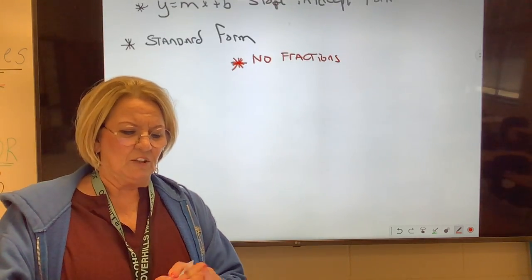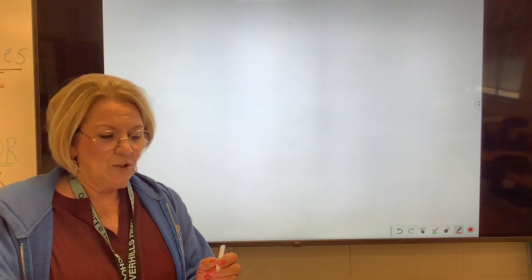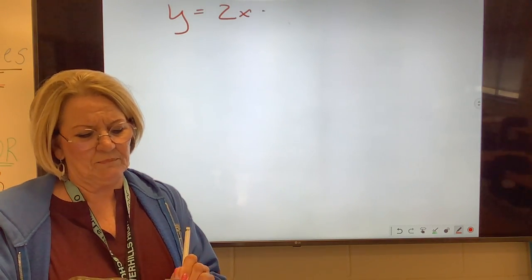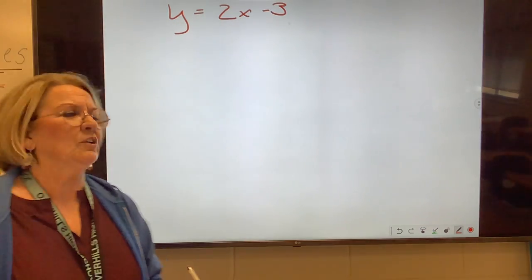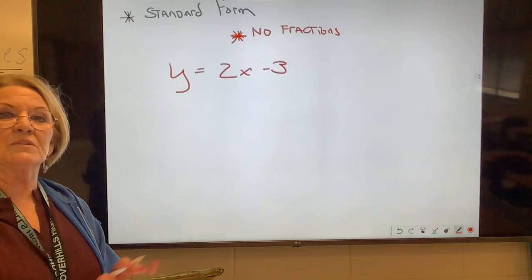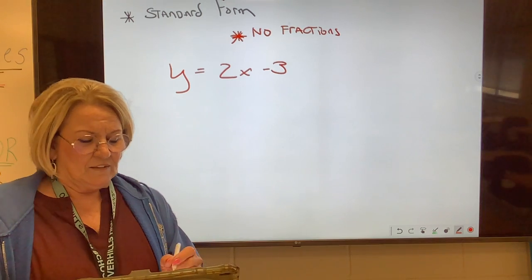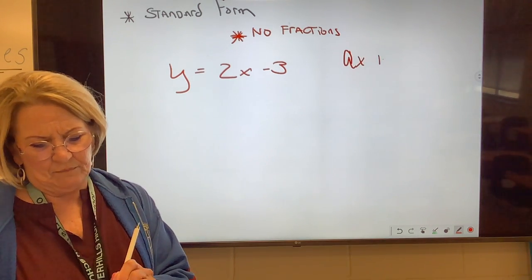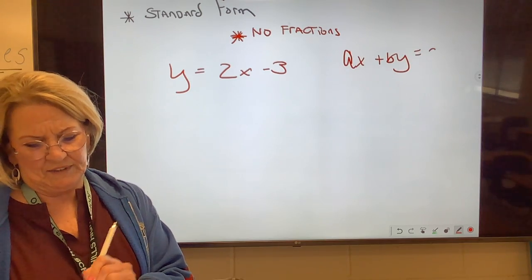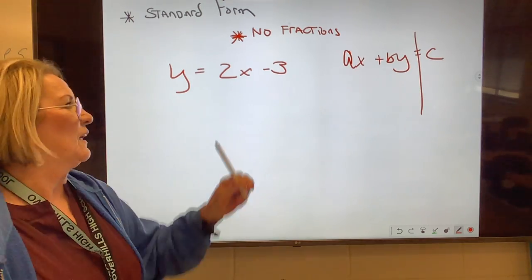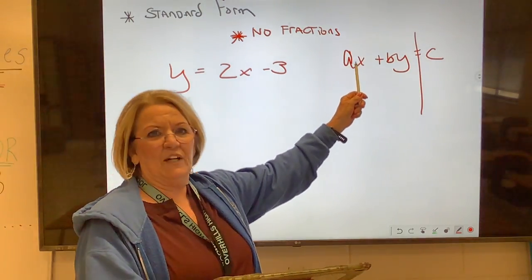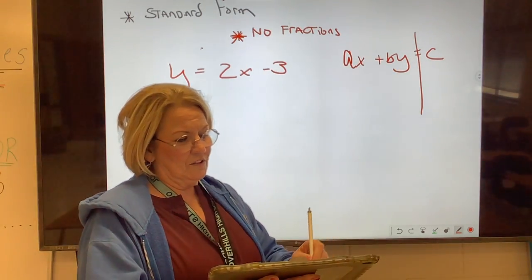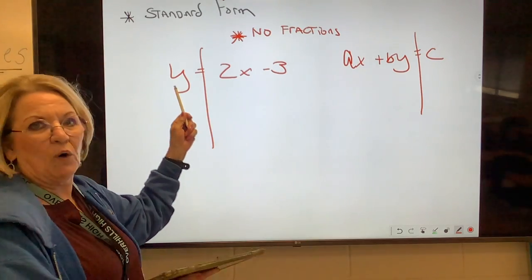So what might this look like? We might have a slope-intercept of y equals 2x minus 3, and I want you to put that into standard form. So in order to put it in standard form is ax plus by equals c. Notice the equal sign. Notice to the left of the equal sign are your x's and your y's. Notice here to the left of the equal sign is only my y.